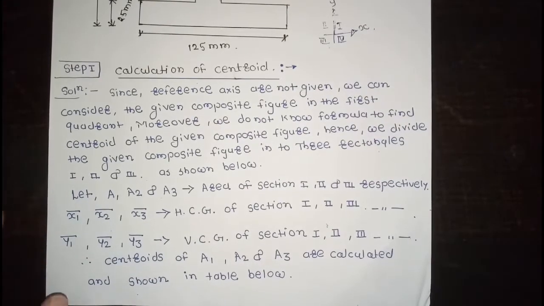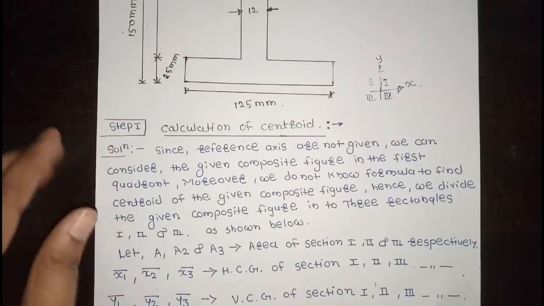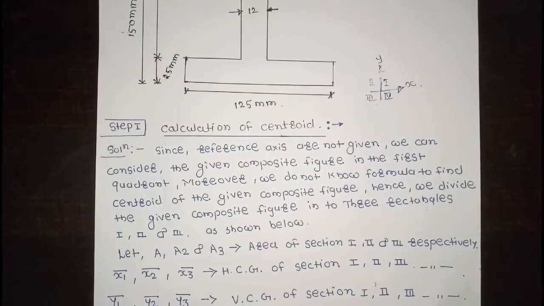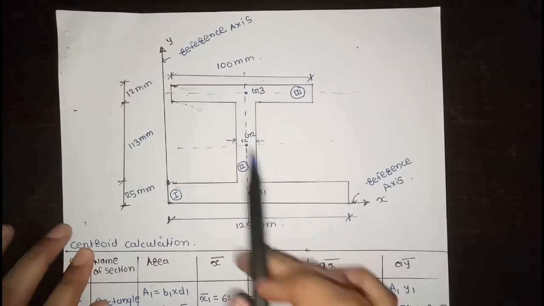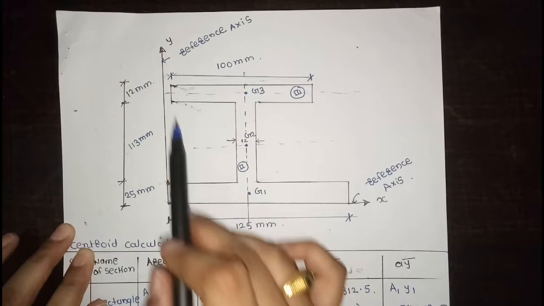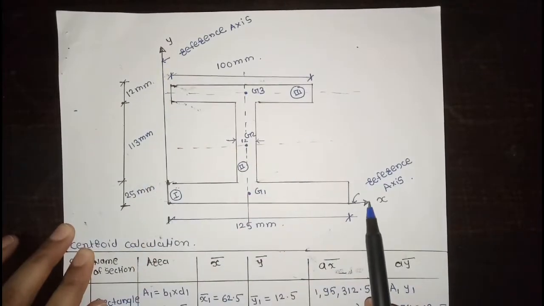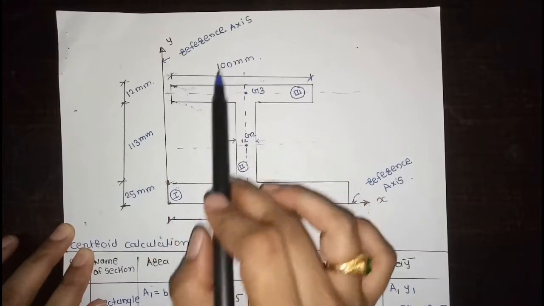So first of all, the given composite figure is located in the first quadrant. This is the I section, with reference axis x and reference axis y.